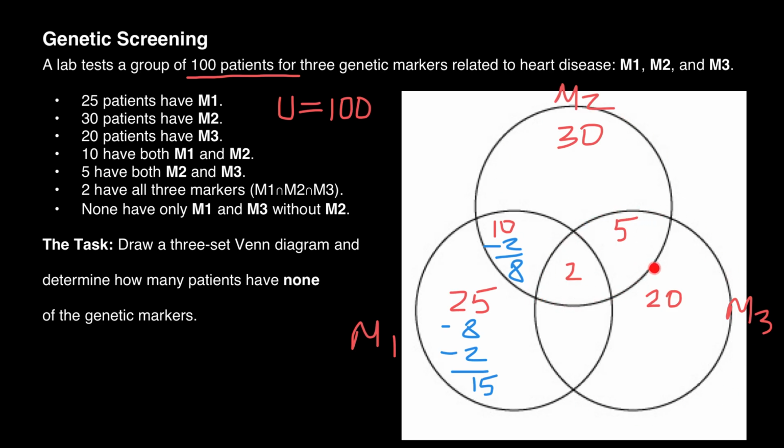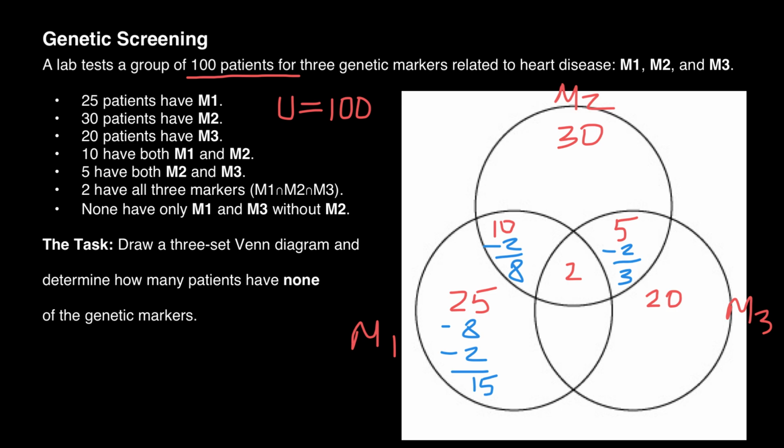But if we want to find only this intersection here, we have to deduct from 5 this number 2 here, which is part of the bigger intersection. So 5 minus 2 is going to be 3.